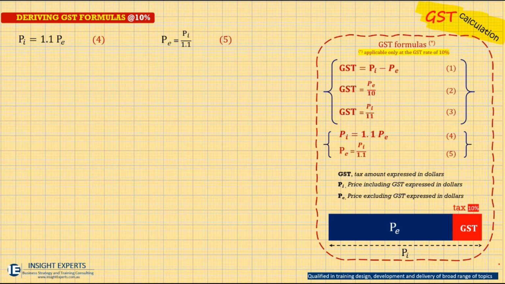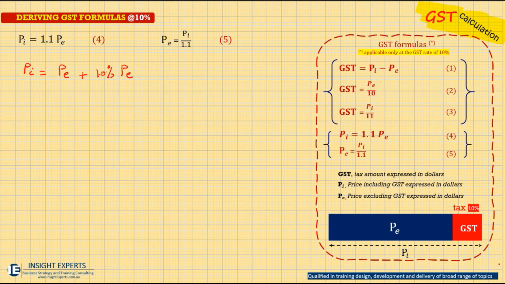Now let's go ahead and prove equation number 4 and equation number 5. Starting with equation number 4, to prove it, we need to understand what the requirement is in terms of the price including GST. Now the price including GST, from a tax point of view, is equal to the price excluding GST plus the GST amount, which is 10% of the price excluding GST.